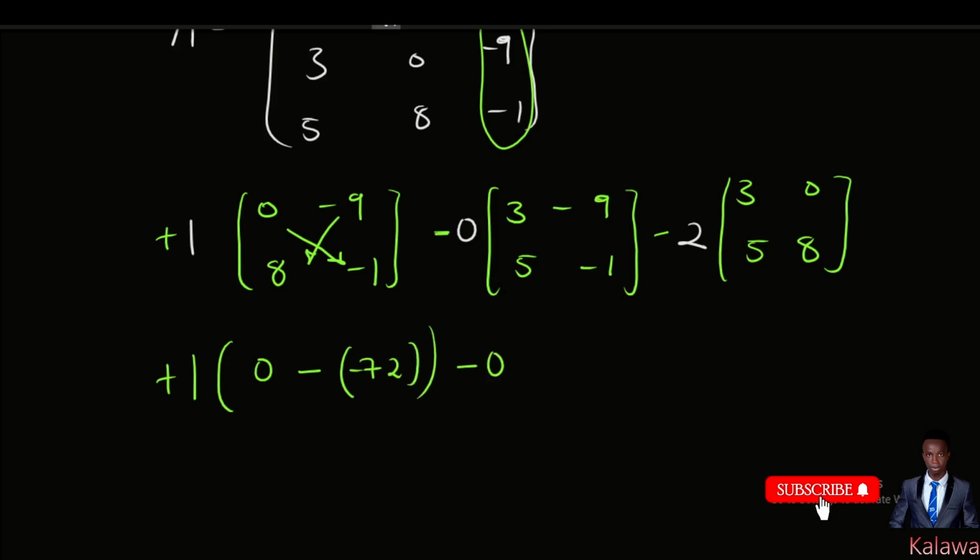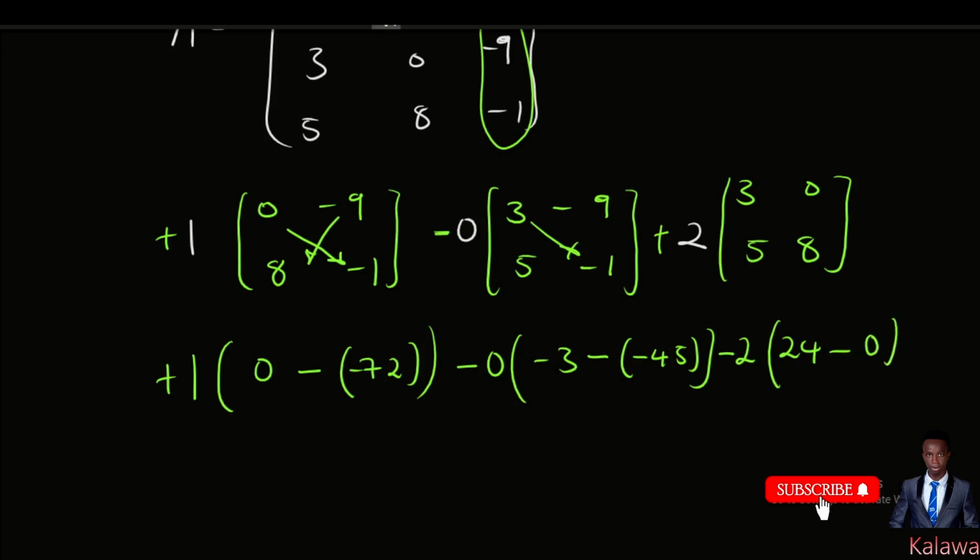And we have minus 0 again, because 3 times minus 1 is going to be minus 3, minus into 5 times 9 is going to be minus 45. So it's close. And we have positive 2, 8 times 3, 24. Minus 5 times 0, this is 0.